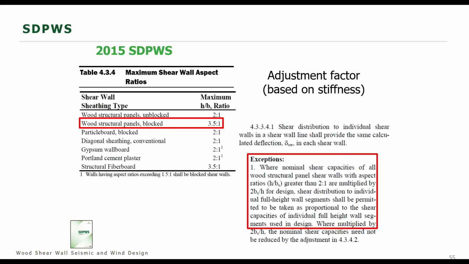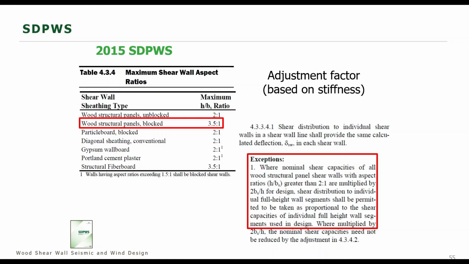We do want to make sure that we are within the maximum shear wall aspect ratios. So for our wood structural panel shear wall, we meet that. We're within that 3.5 to 1 aspect ratio. We do need to pay attention again to the shear wall adjustment factor, the capacity adjustment factor.